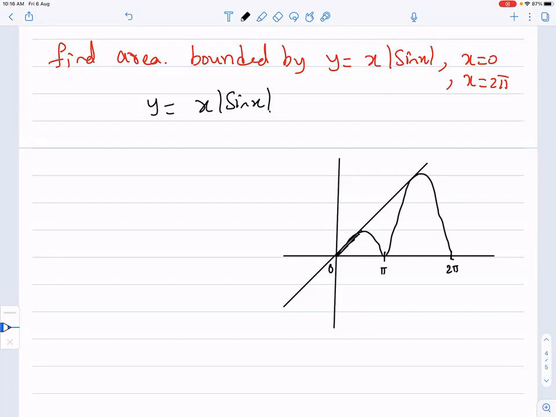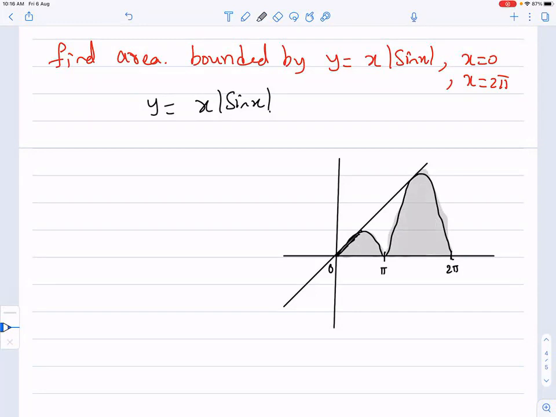Or will it cross? Just a minute. No, it will be a little below the y equal to x line. Now we know the curve is positive only, because of the modulus, and x is always positive in 0 to 2 pi. Correct? The curve is positive only. We need this particular area.